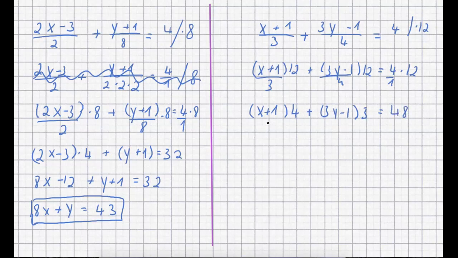And now, let's open the parentheses. So it's 4x plus 4 plus 9y minus 3 equals 48. Now we can do 4x plus 9y. 4 minus 3 is 1.